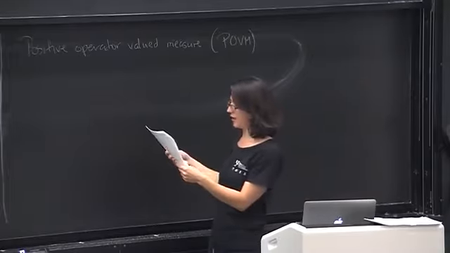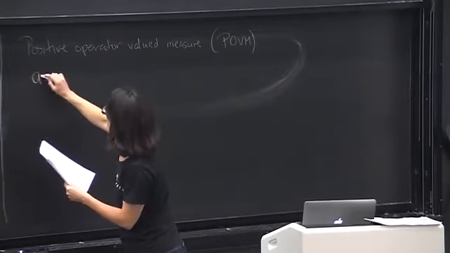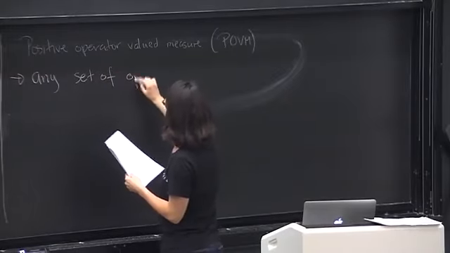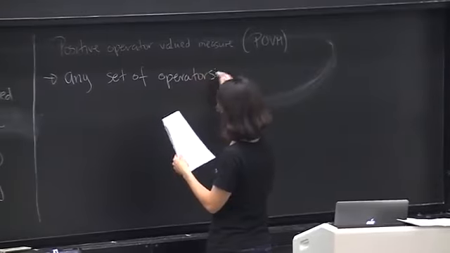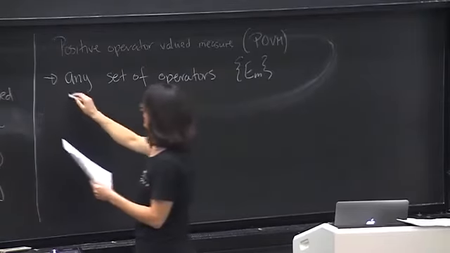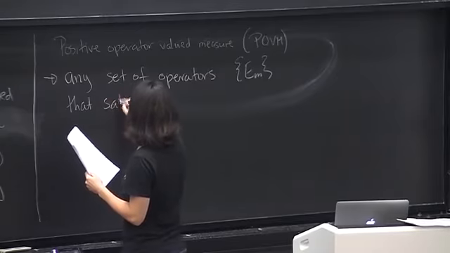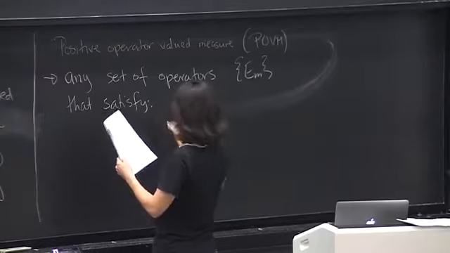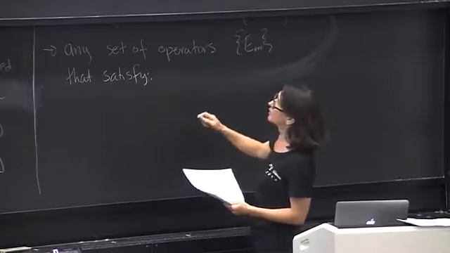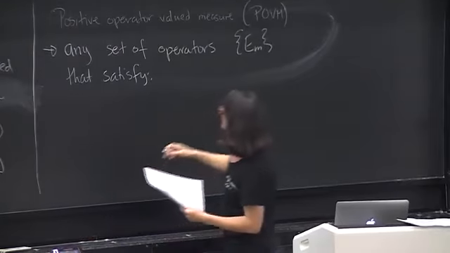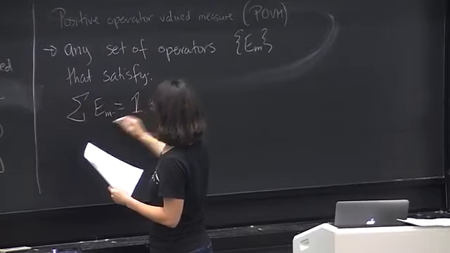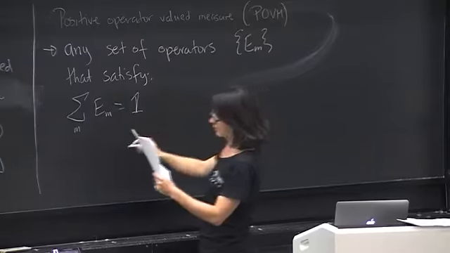We can just think of a POVM as being any set of operators that satisfy the following condition. We want them all to sum to the identity, and we want them to be positive.